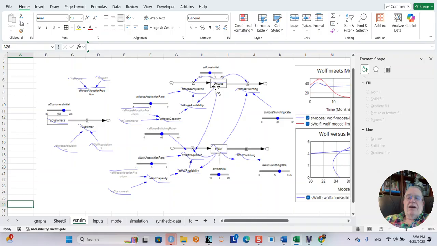Who knows? And so where's the competition? The competition is probably not even inside of this except for the interaction.